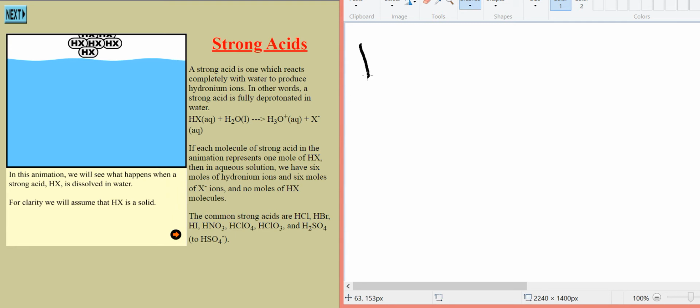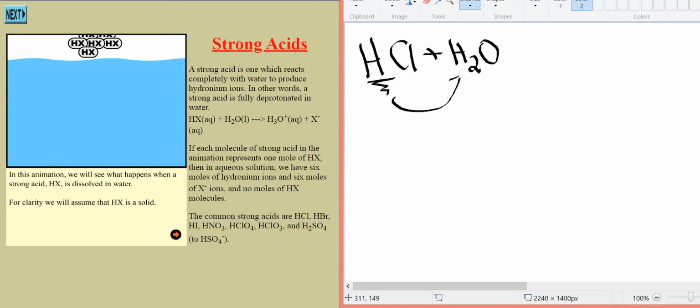If I replace HX with HCl, for example, because HCl is one of our strong acids, and add this to water, this hydrogen right here is going to go over to the water. And when it goes to the water, it creates hydronium, which is H3O+, and then chloride ion, which just disappears into the solution. It stays dissolved in the solution.